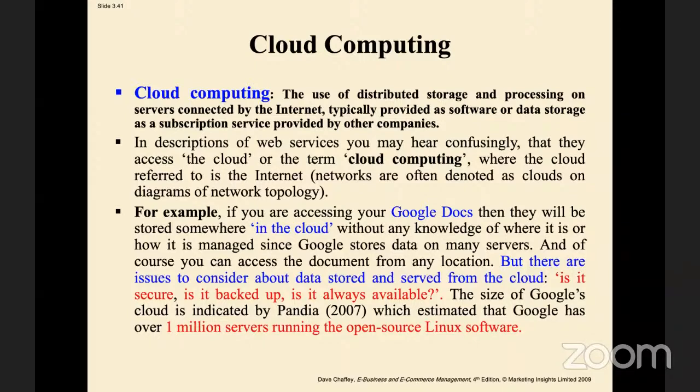This is all you know, but where it is stored and how it is stored, you don't know.